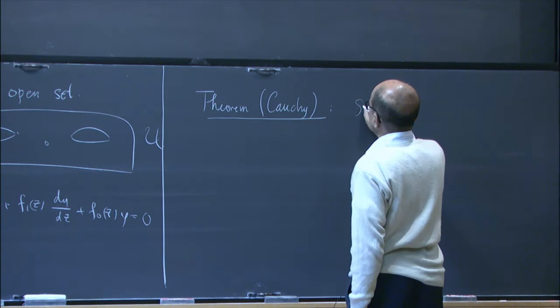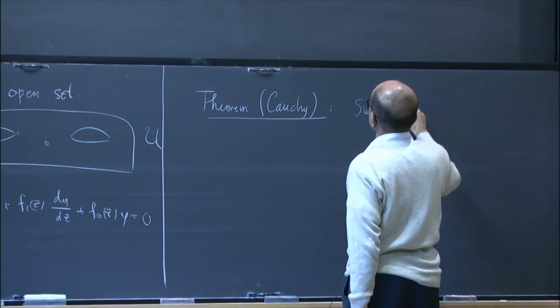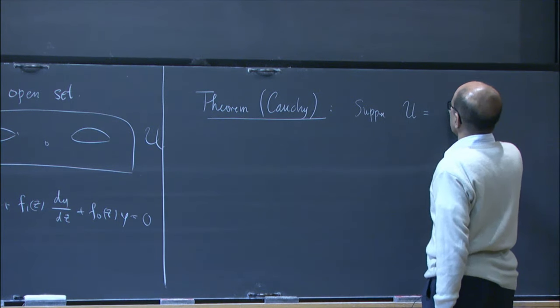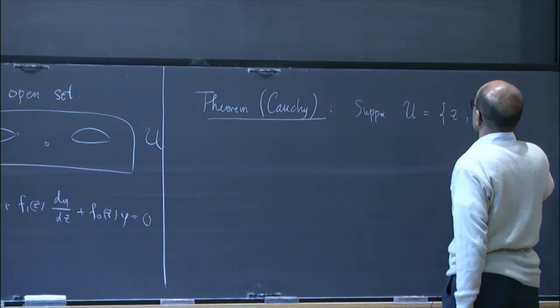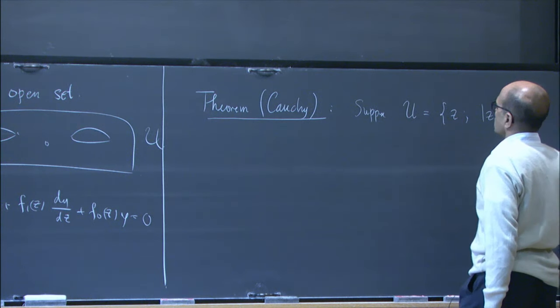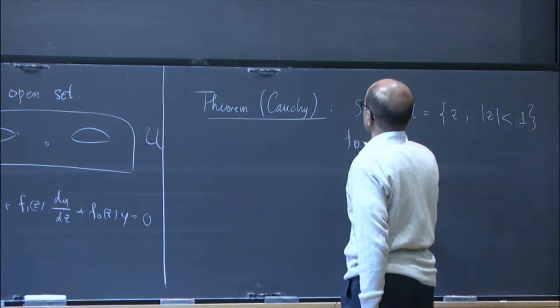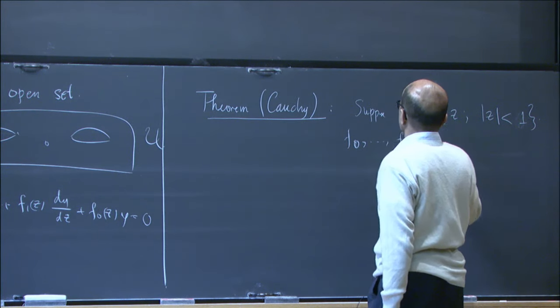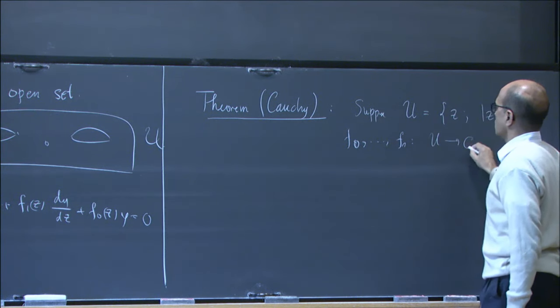So now suppose my open set is the unit disk, and this F_i is holomorphic.